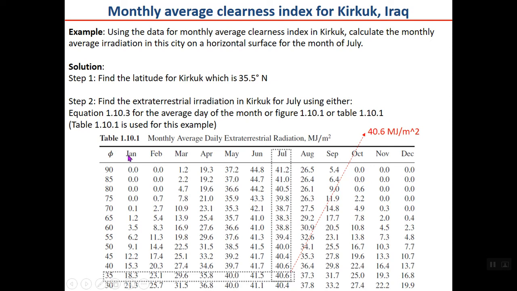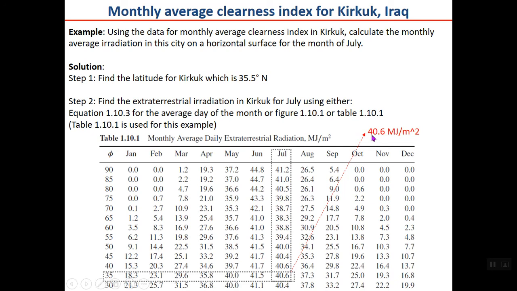If you remember, the table shows here the latitude of the location, and these are the months. The latitude of Kirkuk is approximately 35.5, but we can neglect it. And the month in question is July, so you can see here that it is 40.6. What does it mean?